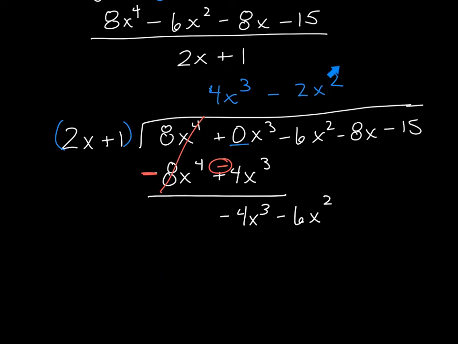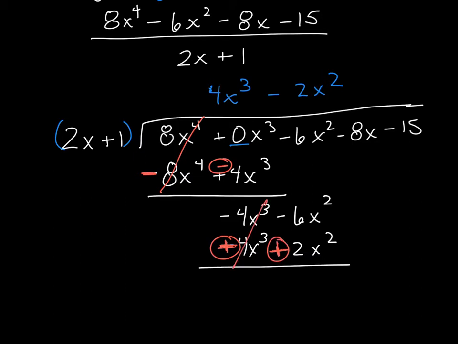That's negative 2x squared. We're going to take that whole thing and multiply it times both pieces over here. When I do that, it will go ahead and leave me with negative 4x to the third minus 2x squared. Again, I want to change those signs. This becomes a positive. So does this. Then the first terms will always cancel out. That must happen for you to be doing long division correctly.